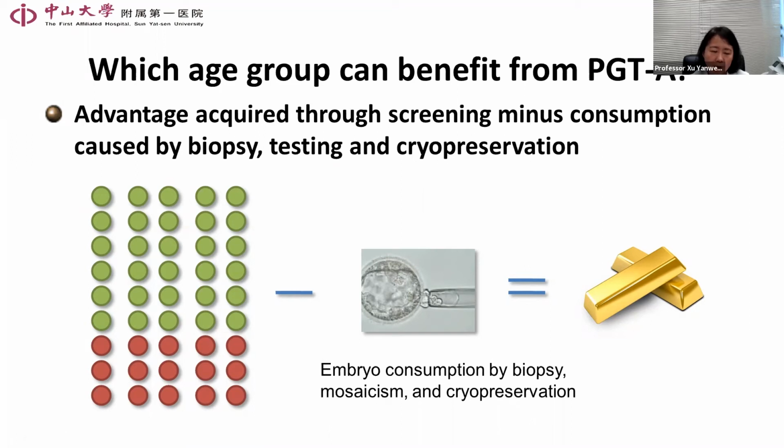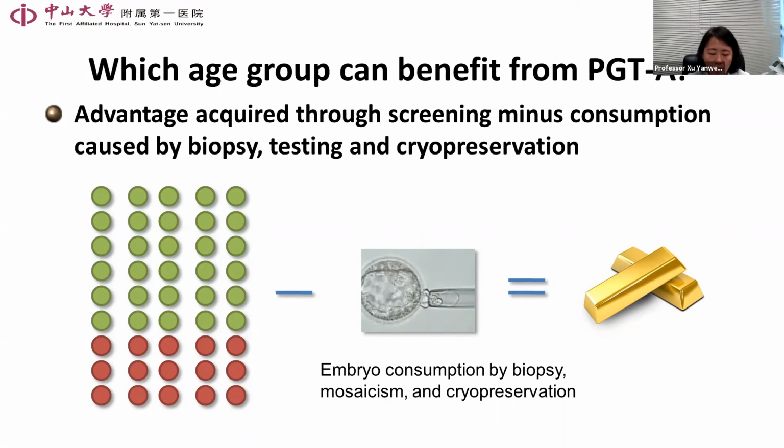That's, the benefit of the selection will be deeply influenced by the embryo consumption. Therefore, I think we need to select an age group of patients for the PGT-A.